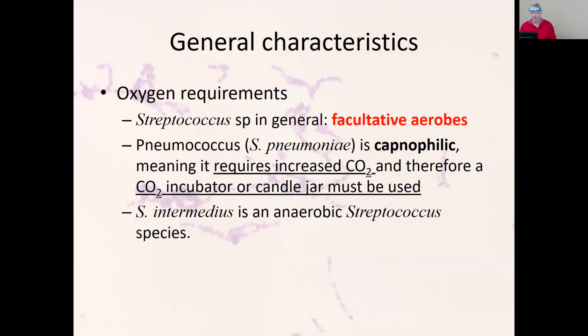All right, so Streptococcus, the species of Streptococcus in the family of Streptococcaceae, is a facultative aerobe. Uh-oh, that's different than what we had Tuesday, right? I had y'all define facultative anaerobe. So who wants to define facultative aerobe?